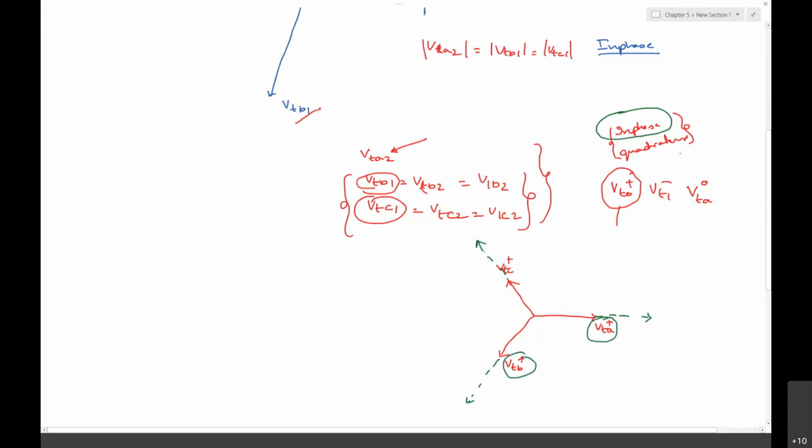Quadrature injection is also possible by evaluating the positive sequence voltages, taking out VTA2, VTB2 and VTC2. By taking that, they get the positive, negative, and zero sequence. The in-phase or quadrature injection is taken with respect to the positive sequence voltage.